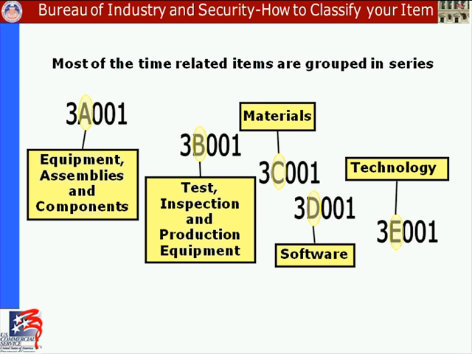Then you have 3E001. The E stands for technology. So here are development, production, or use technology for 3D001, for 3C001, for 3B001, and for 3A001. And this, we should say, is required technology. The technology is required for those equipment.